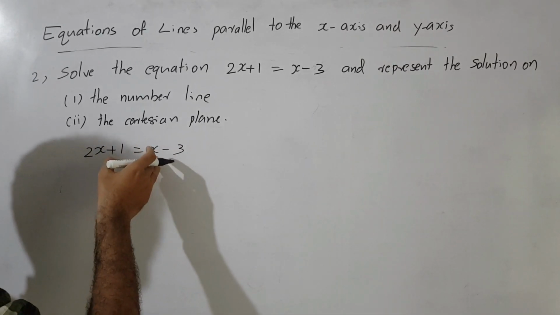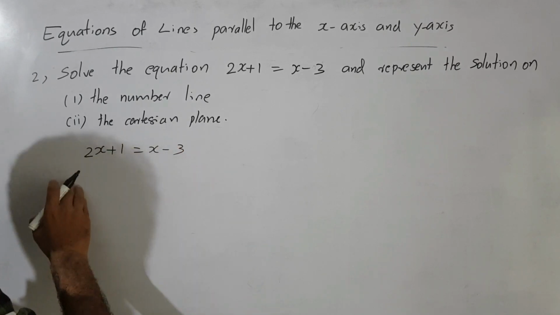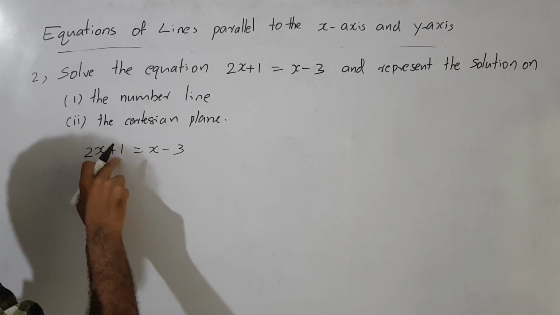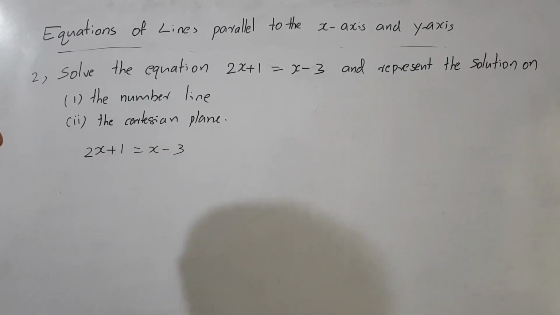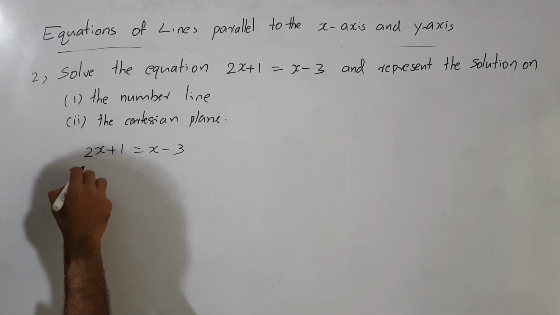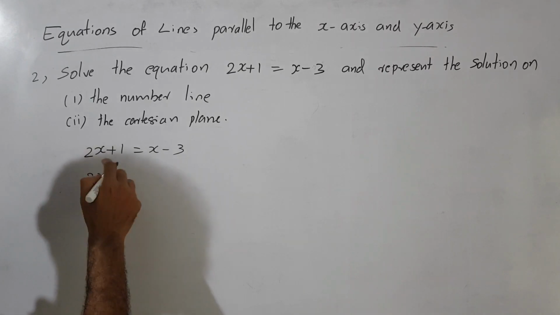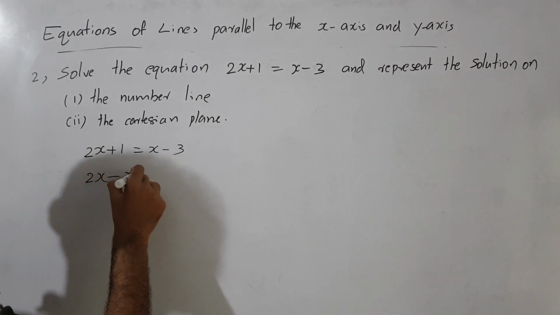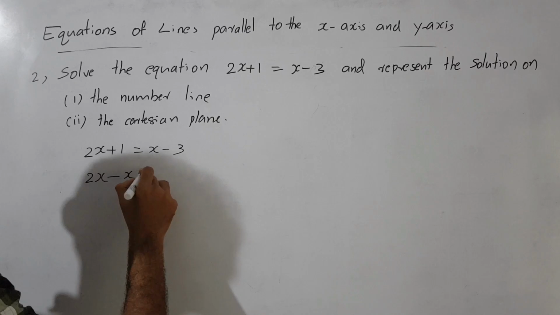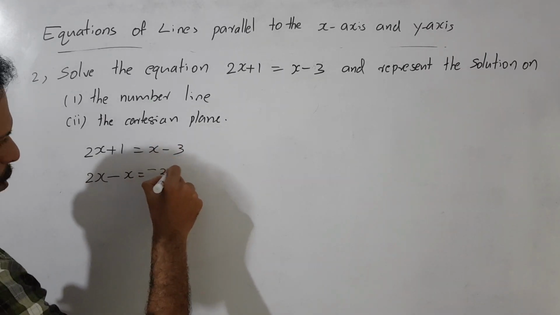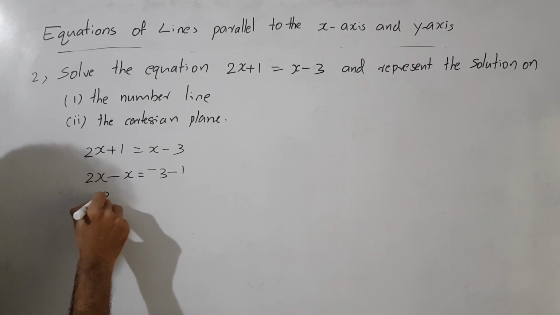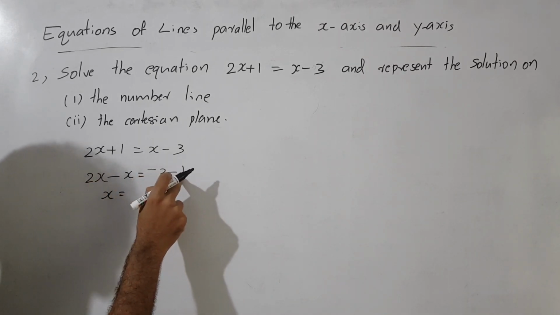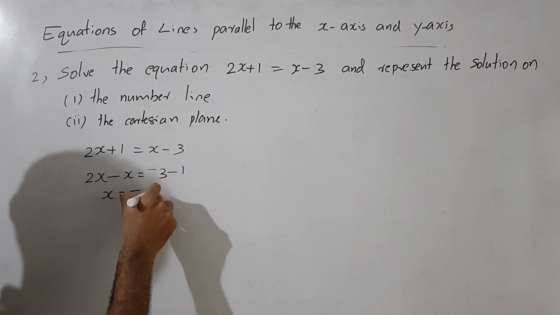If I transpose x from RHS to LHS, I need to transpose 1 to the side of minus 3, that is the RHS side, correct? So we do it together. Then 2x minus x is equal to, what is remaining here? Minus 3 minus 1. Okay, then 2x minus x is equal to minus 3 minus 1, that is minus 4.